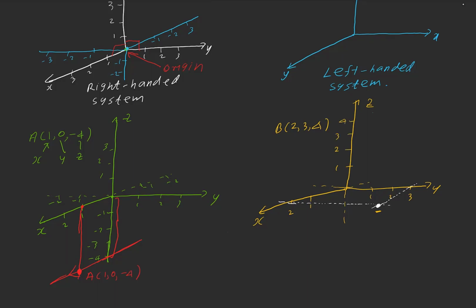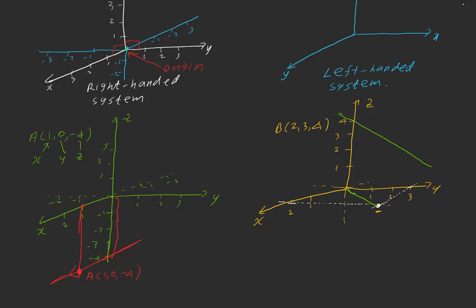Or you can use another method. Let me explain what you should do. Draw a line segment that intersects the origin with the projection of the point. It means this: it intersects the origin with the projection of the point. And we draw another line parallel to this green one at z equals 4.